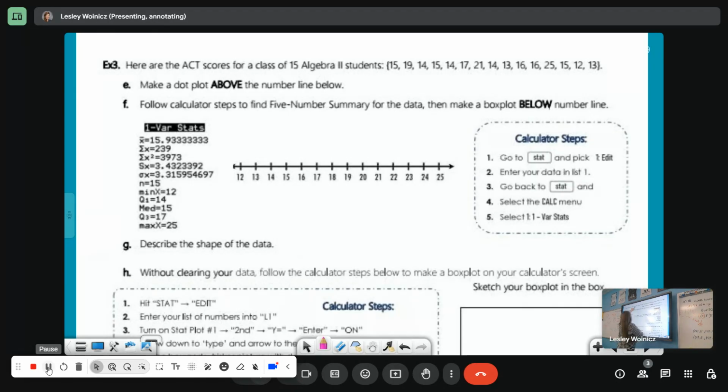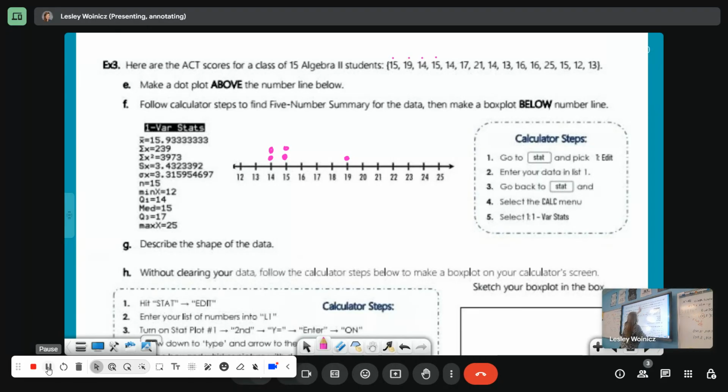All right, so I have a 15. I have a 19. I have a 14. Another 15. I should probably mark them off as I go.